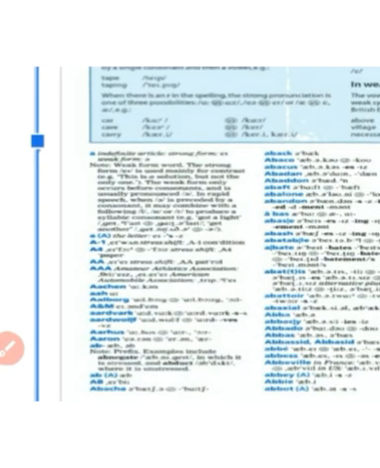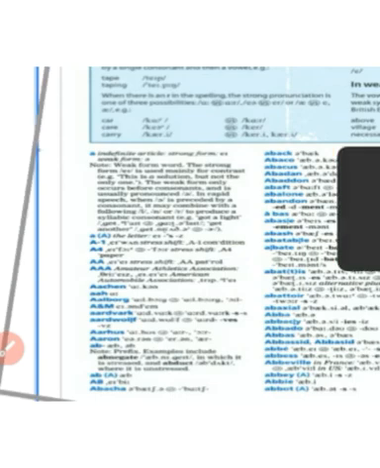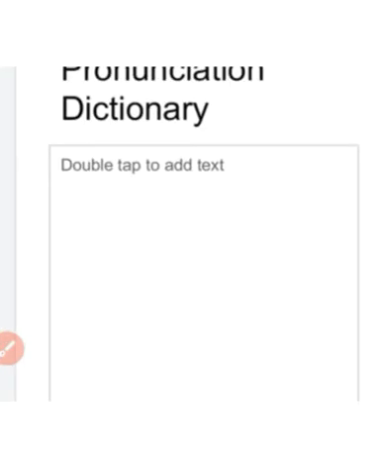I hope you can see this. For example, the word Aaron is given over here. Next to it, no meaning of the word Aaron is given. In fact, it gives the pronunciation of Aaron, how it is pronounced in British English and how it is pronounced in American English. So that is about the pronunciation dictionary.